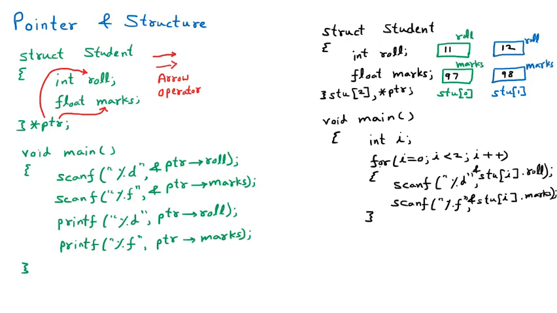I want that the output should be via the pointer. So how to work with that? Very interesting. Now again we are saying for, because already there are two members, right? Two students are there. For I equal to 0, I less than 2, I plus plus. So it means 2 times the loop is going to run.